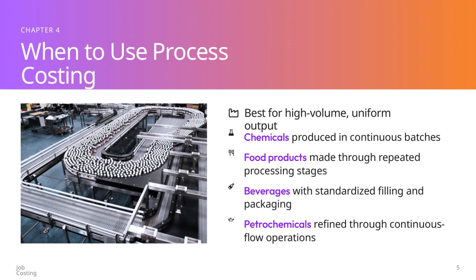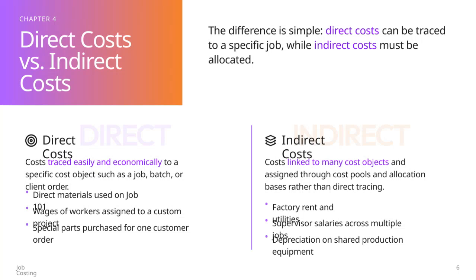Even petrochemicals, which are refined in continuous flow operations, are perfect candidates for this approach. In contrast, job costing is used for more customized, unique jobs, but here we focus on the scenarios where process costing shines.